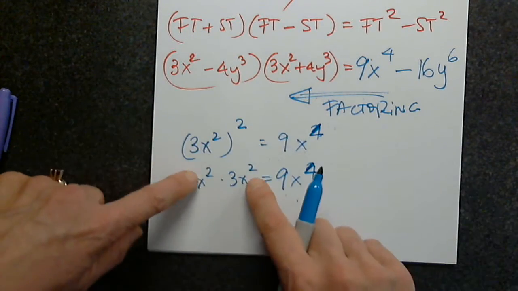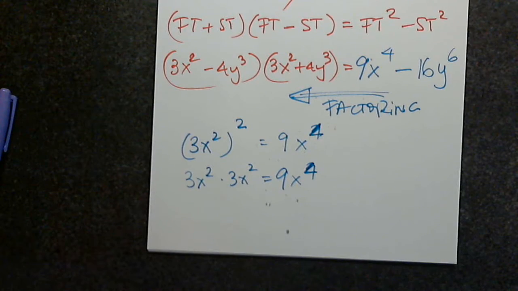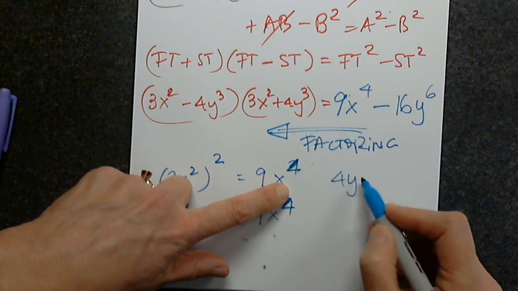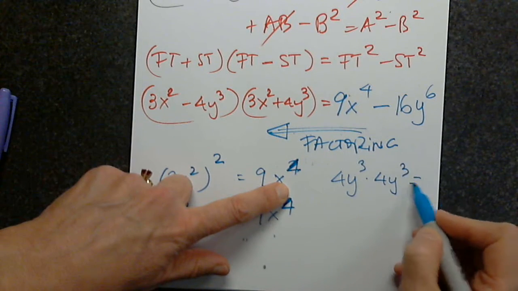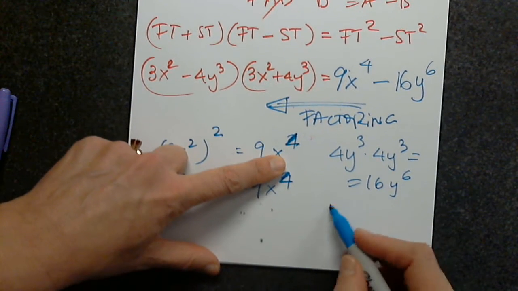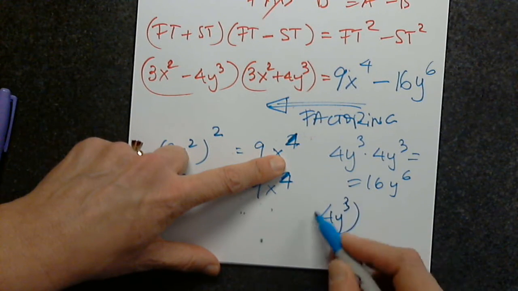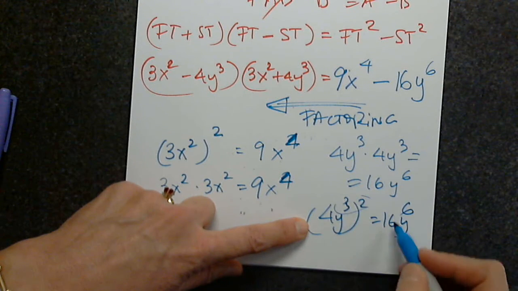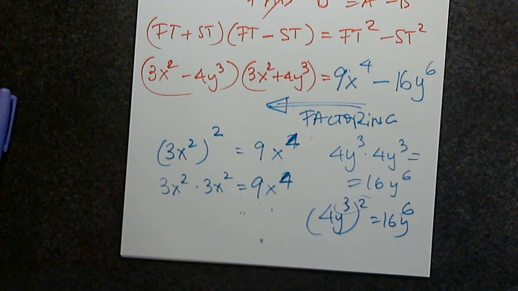Multiply the exponents, add the exponents. Okay, I think I got confused when I saw the 16y. Yeah, so we have two options, 4y cubed times 4y cubed, which is 16y to the sixth, and add the exponents. Or you can say 4y cubed squared, copy the base, multiply the exponents. And you still get the same thing. So there are two options. You either say you square or you multiply two identical quantities.